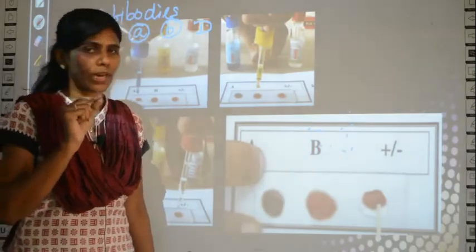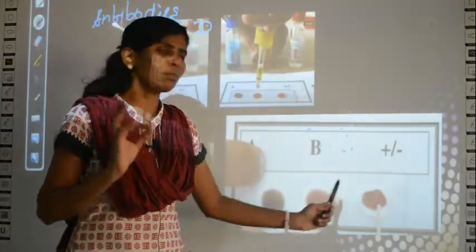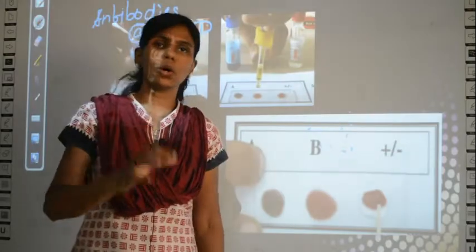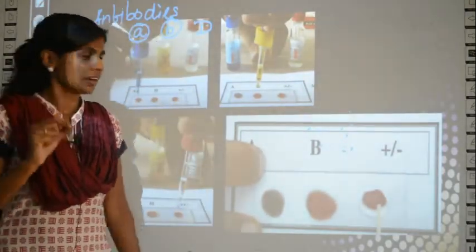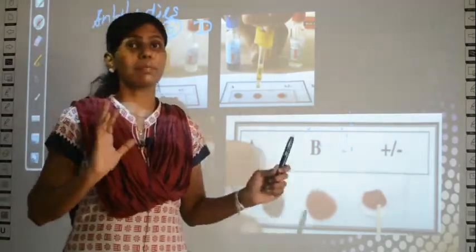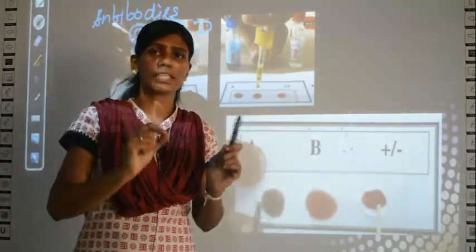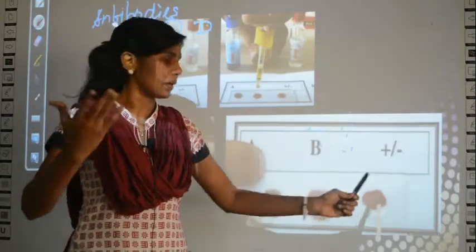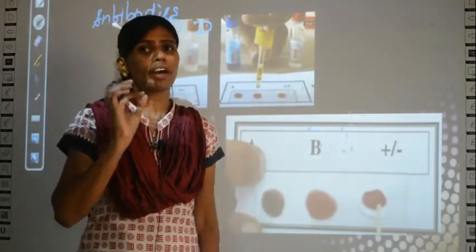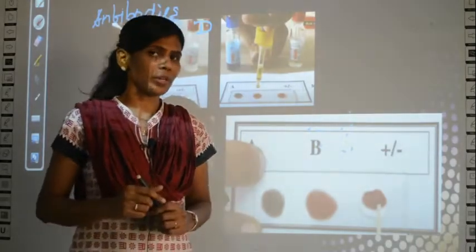Make sure that for every mixing a separate toothpick or the matchstick's backside is used, because if you use the same stick, you will carry antigen and antibody from one drop to another and the result will be affected.